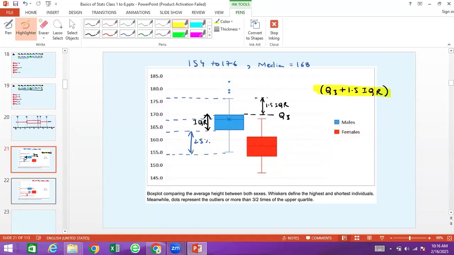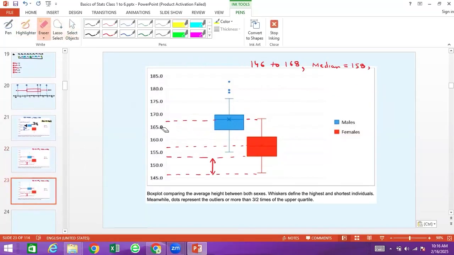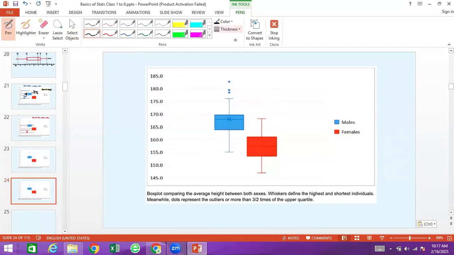For example, if I do not separate out the outliers, this is how it will look. Right now it is looking like this. Let me make it black. Right now it looks like this, and similarly for girls.